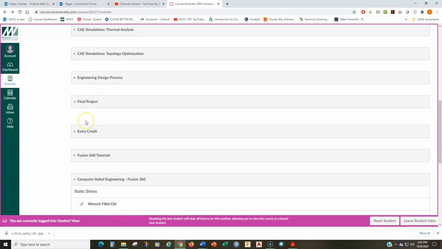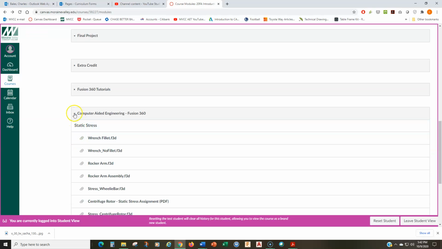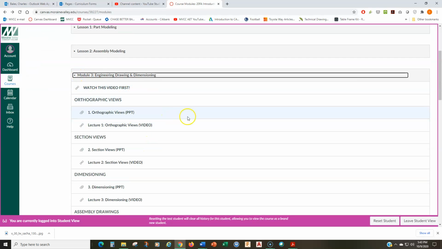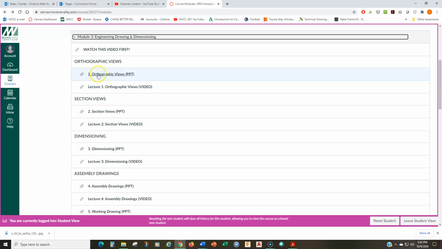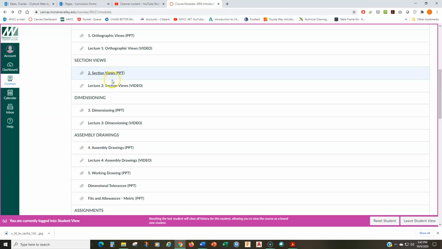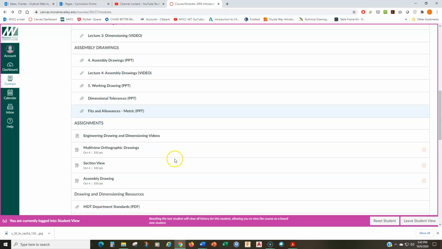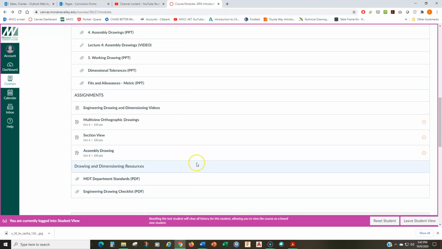The material that you want to study for the midterm is going to be from Module 3. Okay, so we have the PowerPoint for orthographic views along with the narrated video, section views, and dimensioning. Assembly drawing will also be covered, and for that matter, there are some questions on the MDT CAD department standards here, and not so much on the engineering drawing checklist.